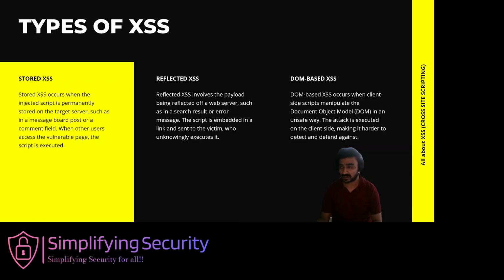One is stored XSS, which, as the name signifies, is stored. Whatever data is injected in any of the parameters is stored in the web application's database, or in whatever storage mechanism it is using. If the provided script gets stored in the database, then whichever page calls that data for rendering, the same script execution will happen on all those pages. That's how stored XSS works.